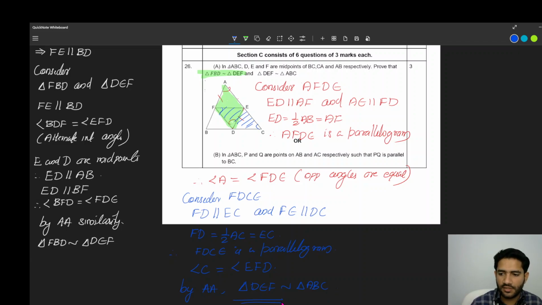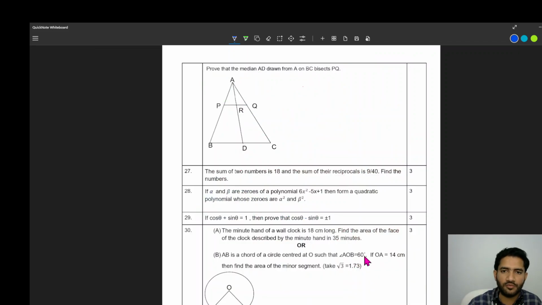Okay, then question 26. What is that? In triangle ABC, P and Q are points on AB and AC respectively such that PQ is parallel to BC. PQ is parallel to BC is given.